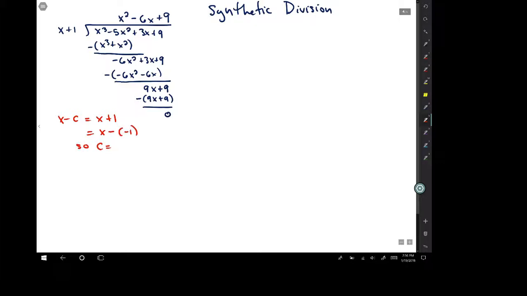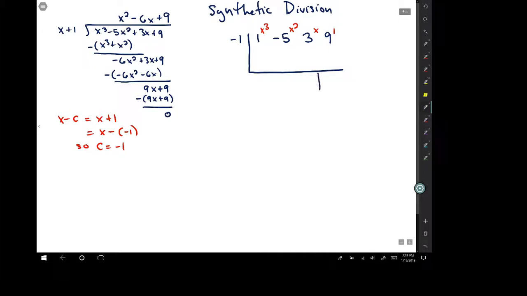So c is equal to negative 1. So I have this minus 1 that I'm dividing, and then the coefficients of my polynomial are 1, minus 5, 3, and 9. So again, this is the coefficient of x cubed. This is the coefficient of x squared, of x, and that's my constant term.